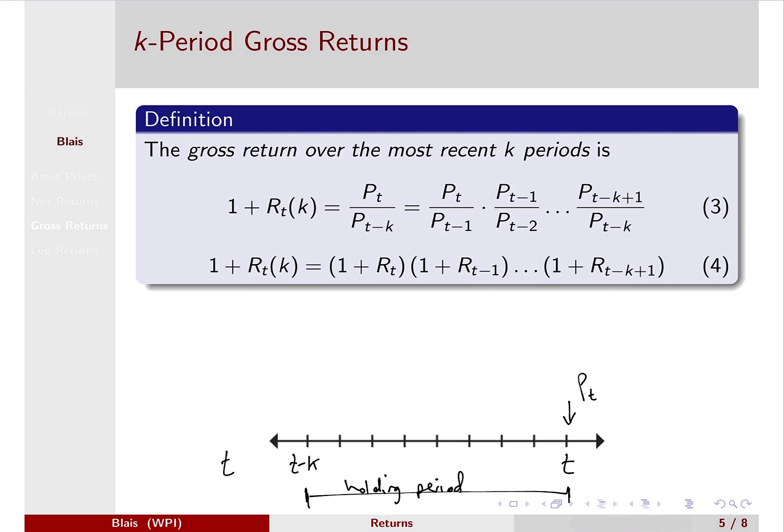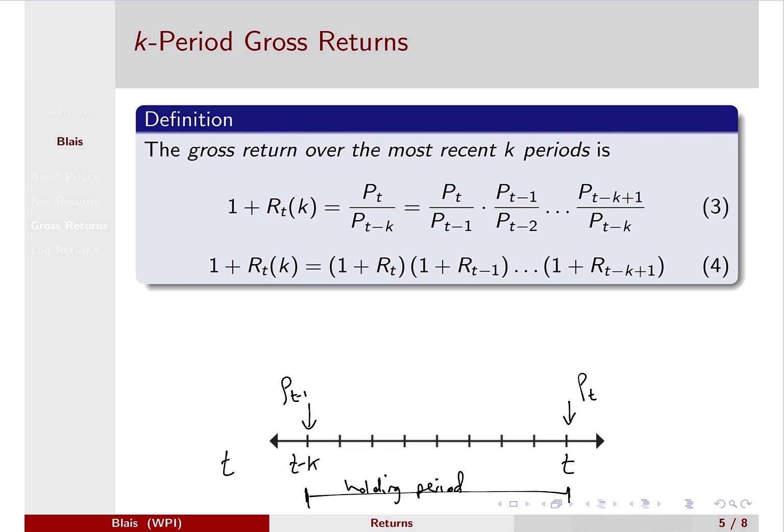And we divide it by the value at the beginning. If you subtract 1, that gives you the net return over that period. If you don't subtract 1, that gives you the gross return over that period. So this is the intuitive way to define that gross return. And here would be your net return over k periods.